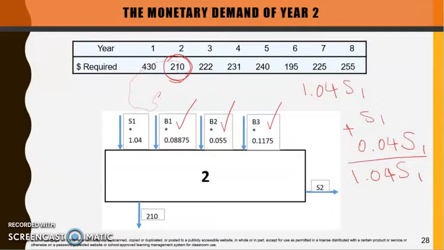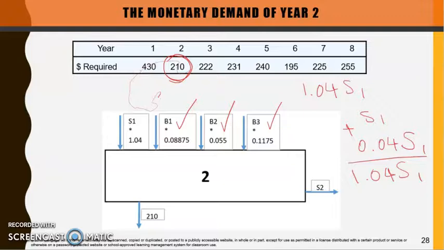So that's the thing that you see here. This S1 times 1.04 is the amount of money that you invest in the saving account at the beginning of year 1 and get at the beginning of year 2. After 1 year, you are gonna get the principal of your money plus interest.